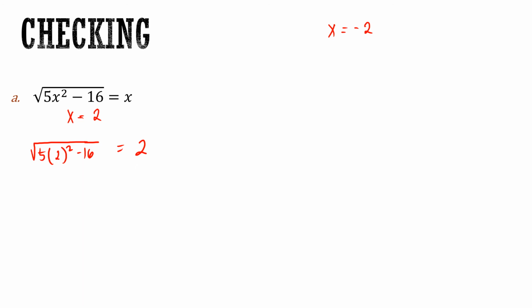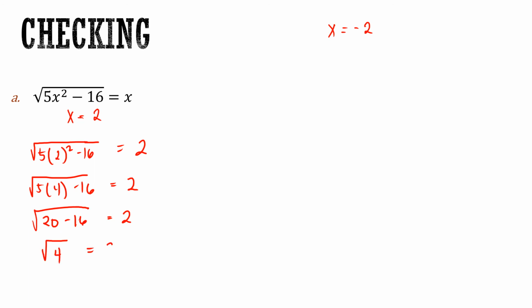Let's solve first 2 squared, that is 4. So we can write this as 5 times 4 minus 16 equals 2. 5 times 4 is 20, minus 16. 20 minus 16 is 4. So we got square root of 4 equals 2. Square root of 4 is 2, so we got 2 equals 2. Since they become equal, it satisfies the equation. So x equals 2 is a part of the solution.